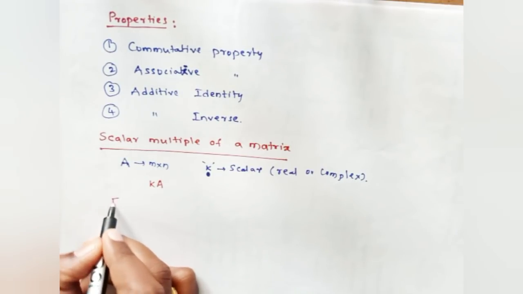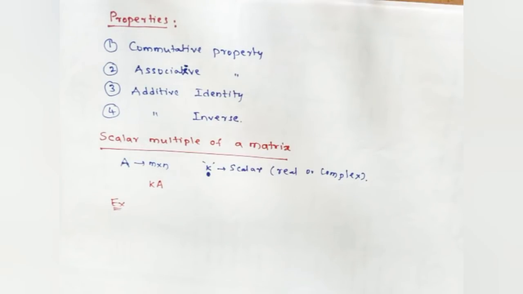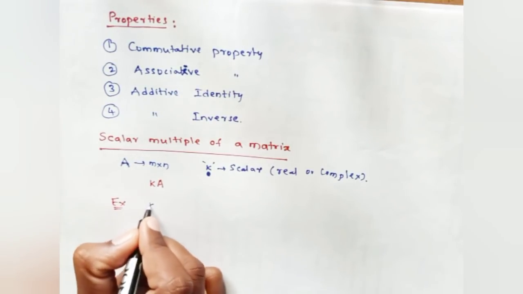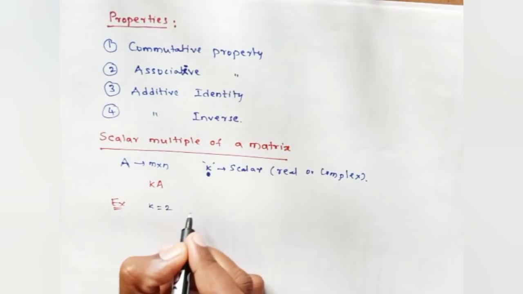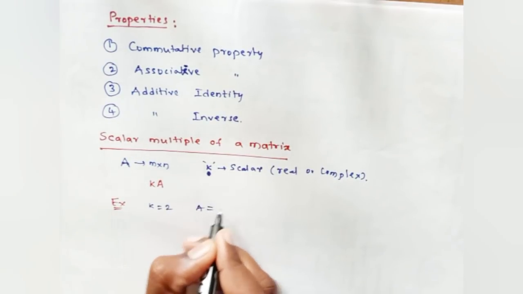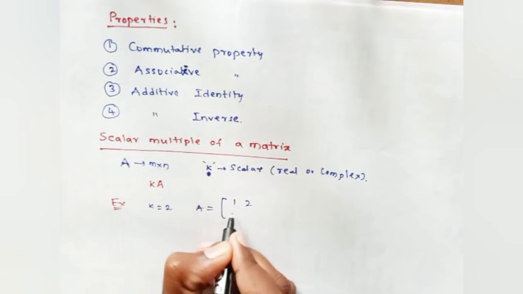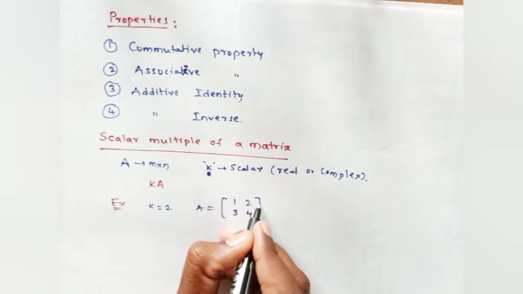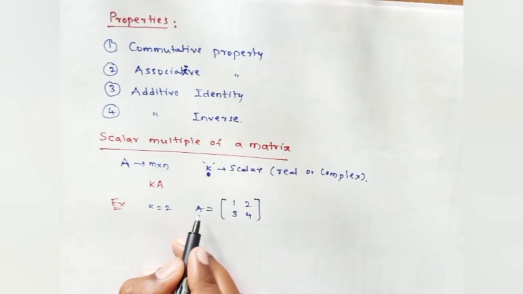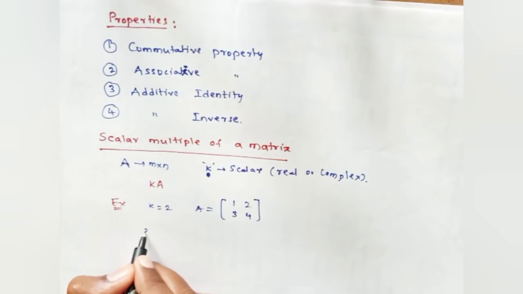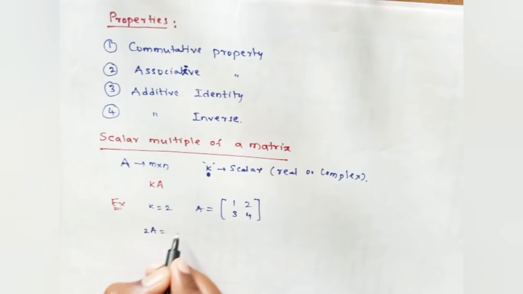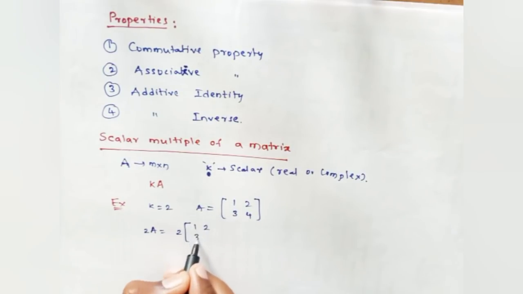For example, k is some number 2, and let us consider a matrix A equals 1, 2, 3 and 4. So the scalar multiple of A with 2 is denoted by 2 into A, means 2 times 1, 2, 3, 4.